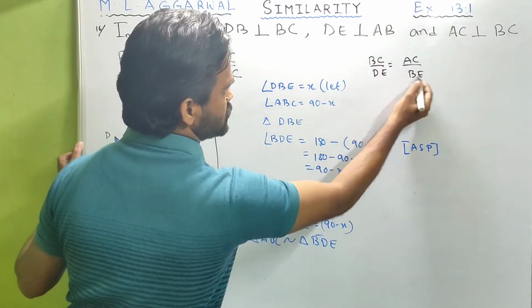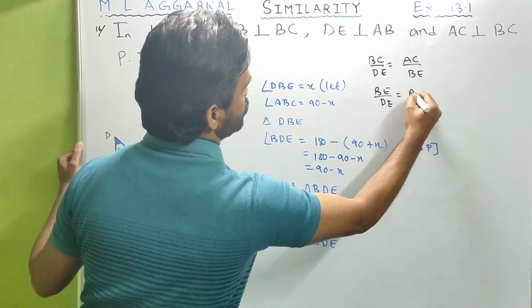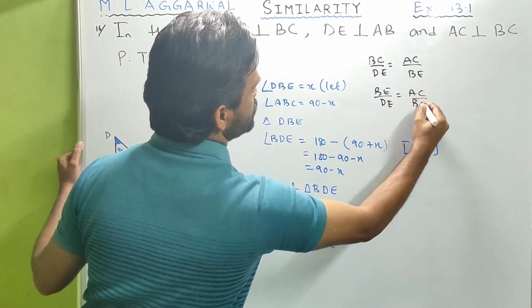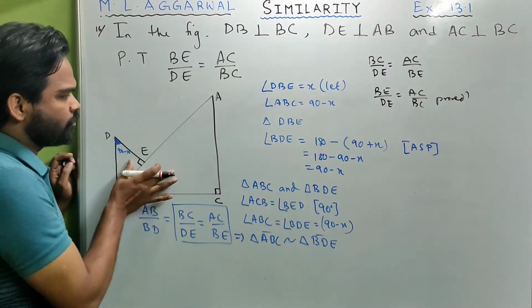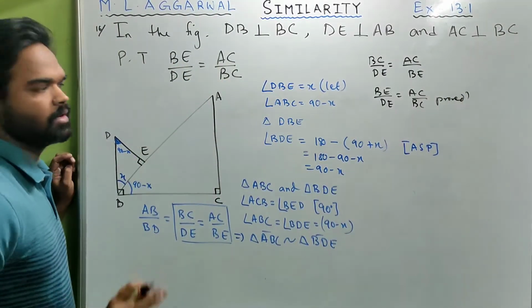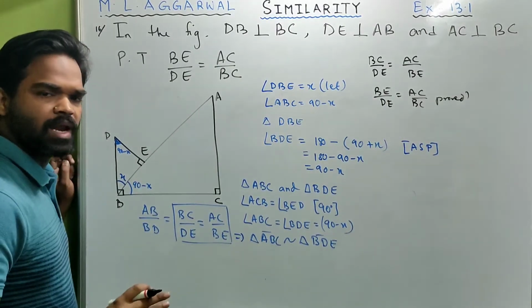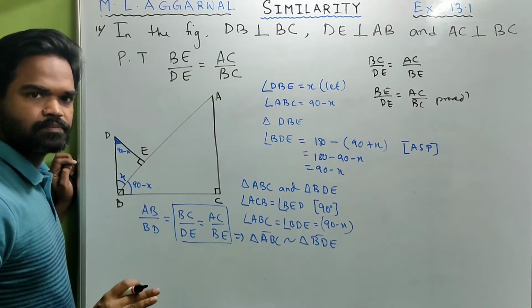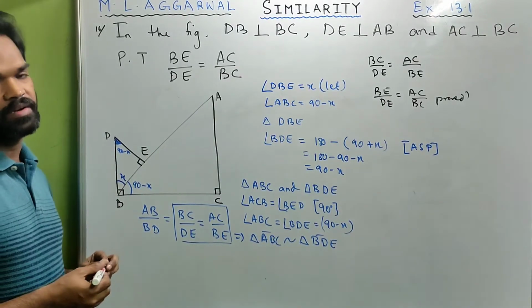Now this goes over there, this comes over here, so BE by DE is equal to AC by BC. That's proved, isn't it? So we just needed to prove that these two triangles are similar. Once you prove they're similar, use the property of similarity, you'll get your answer. Okay, very easy. Now let us look at the next sum.